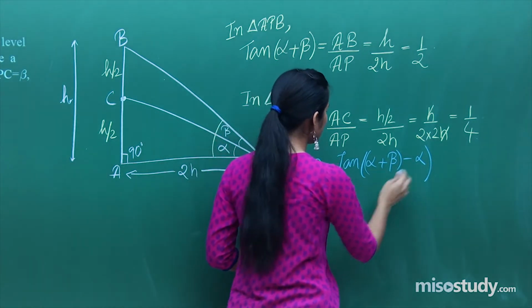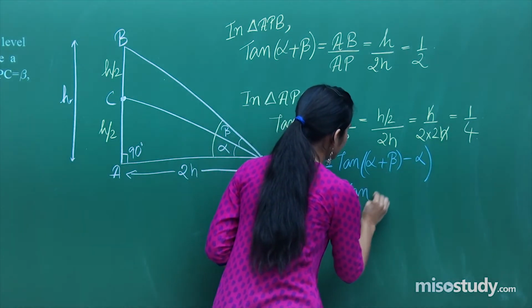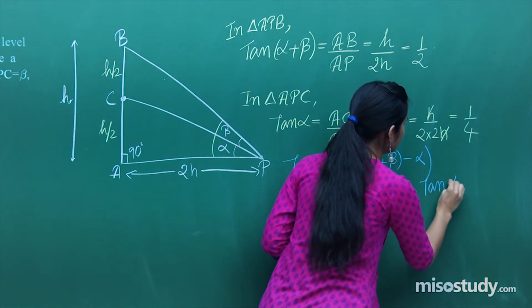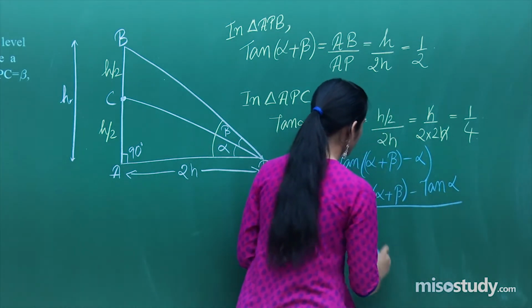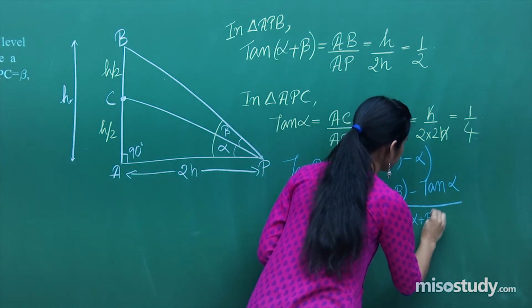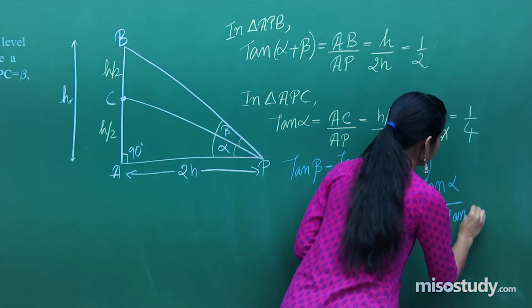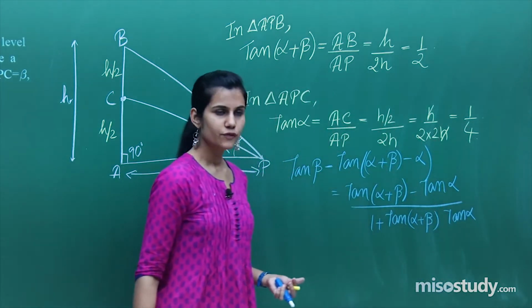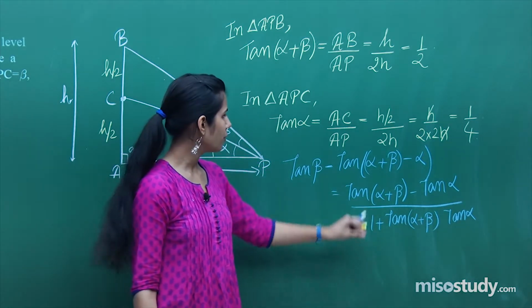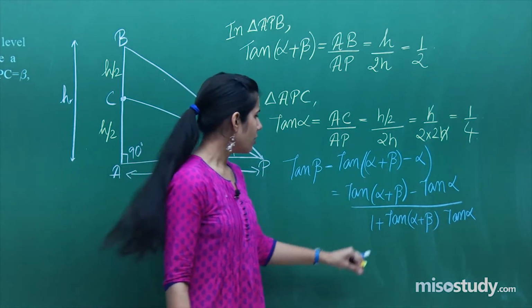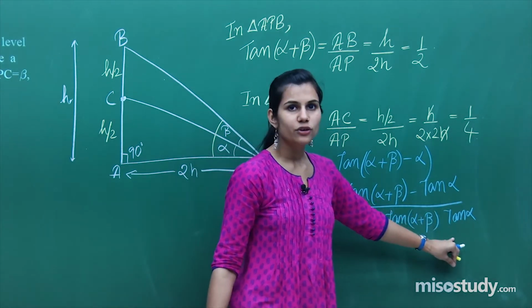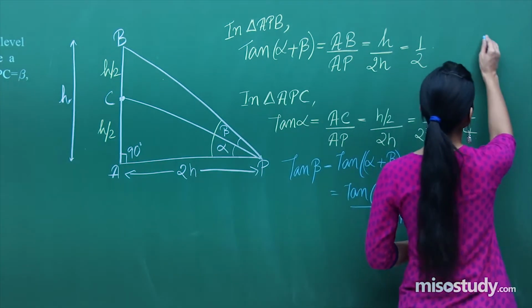Now the formula of tan of A minus B is tan A minus tan B upon 1 plus tan A tan B. I know about tan of alpha plus beta, and I know about tan alpha, so I know everything, just plug in the values.